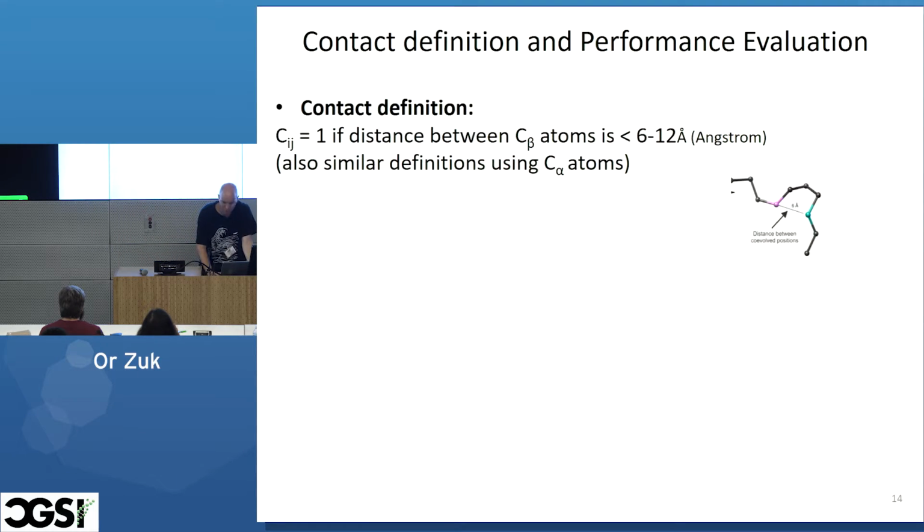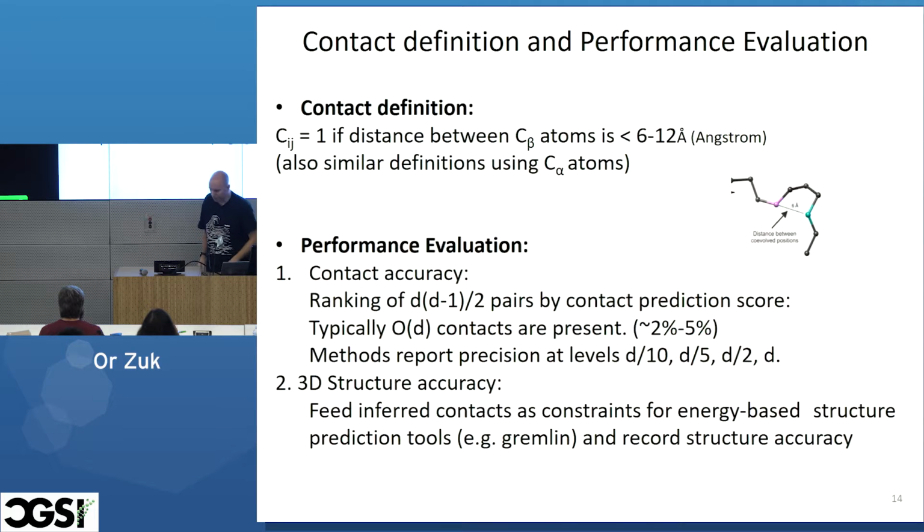Now, how do you evaluate performance? You can just treat contact prediction as a binary supervised learning problem. For each pair i and j, either they have contact or not, right? So you have the 0-1 classification loss. But it turns out that what is most informative are the top contacts.